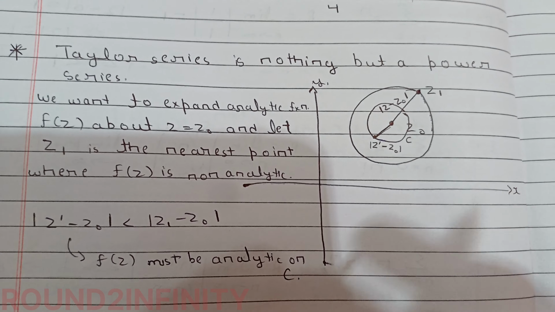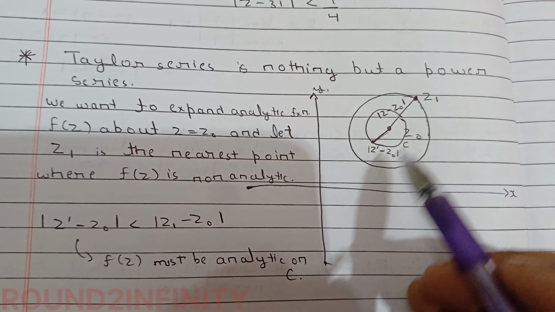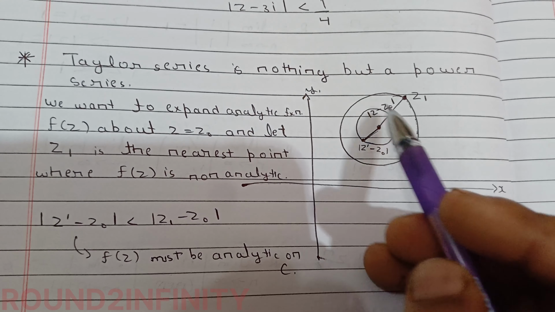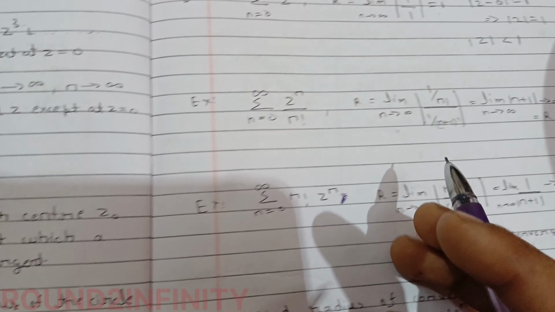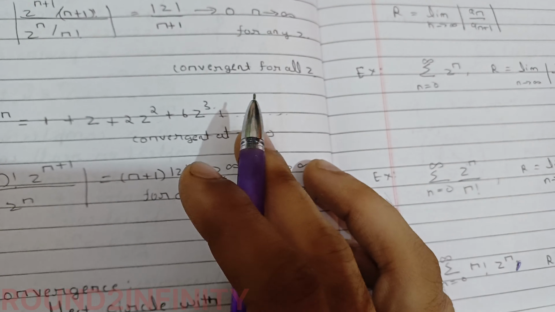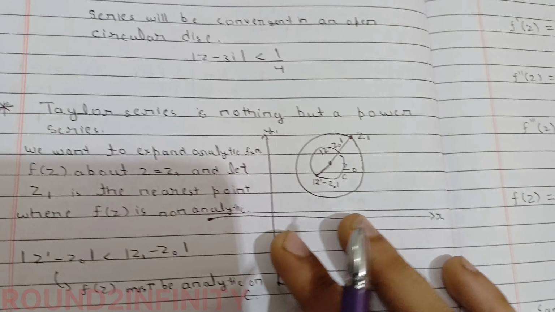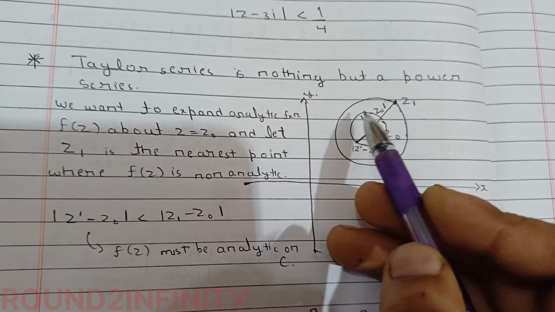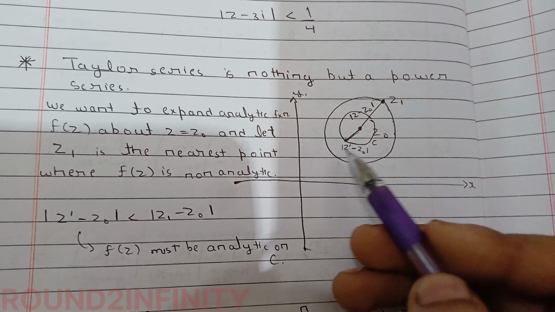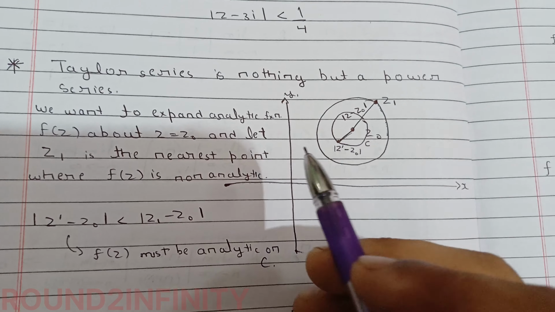Now see, we can expand the function in this region. What we got in the previous examples, these are the series. Now we can find these series very easily using the Taylor series expansion. So it is convergent in this region. So let's say we need to find a series which is convergent. How can we find that series?